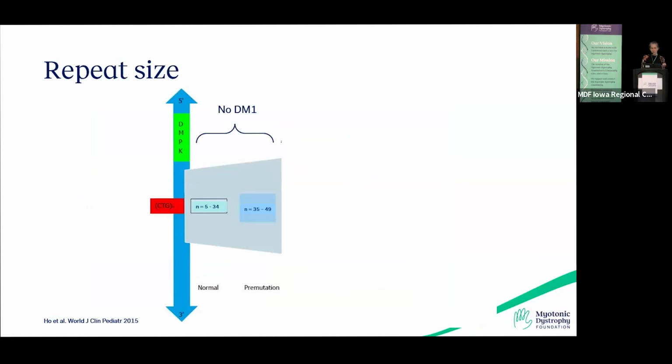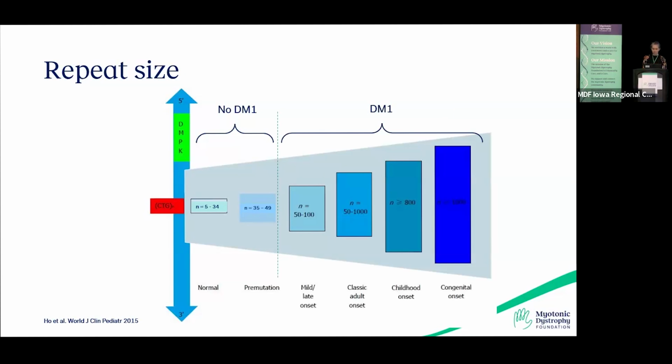There's also something called a pre-mutation, which is repeat size from 35 to 49. If people have that, they're not going to get DM1, but they do have the possibility of passing an even higher repeat size onto their child, who then will get DM1.